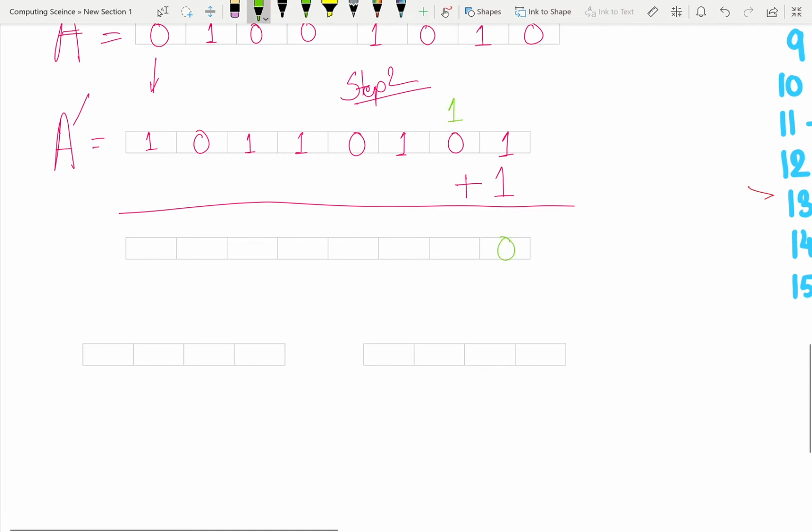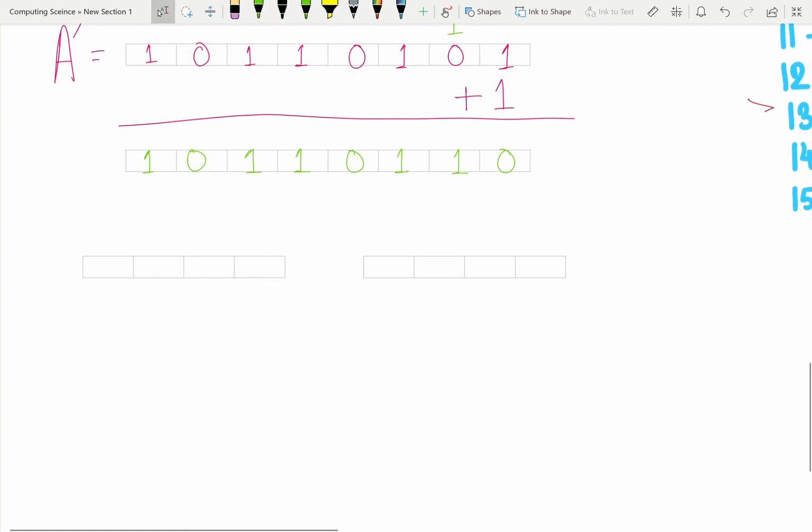So we carry it on. So 1 plus 0 is 1. Then 1, 0, 1, 1, 0, 1. Perfect. So that's the number. So we have already converted it.